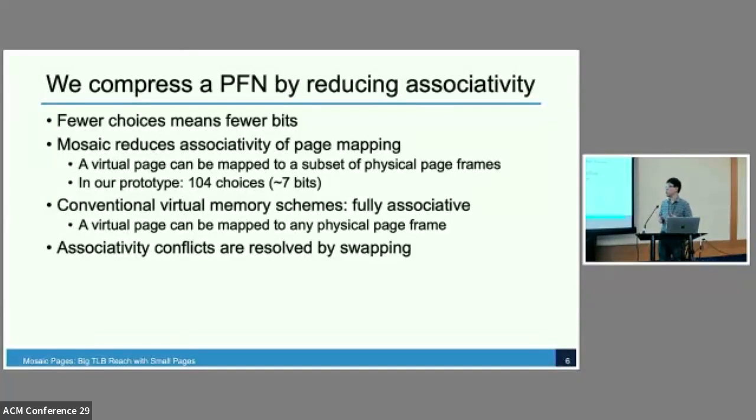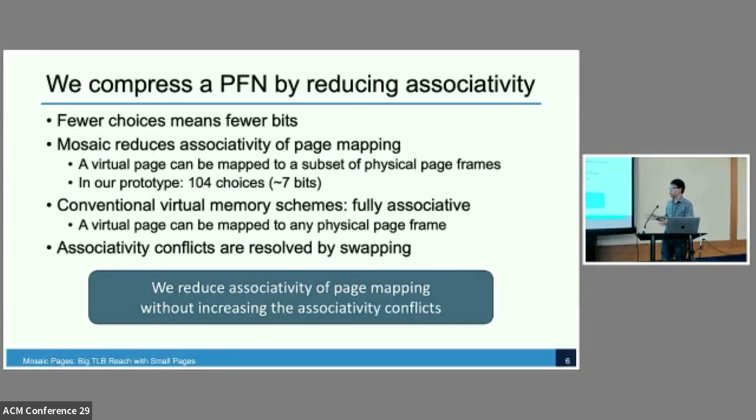In our prototype, we have 104 choices, which can be expressed in 7 bits. This is in contrast to conventional virtual memory schemes, which are fully associative. When all of these 104 choices of page frames are already in use, we resolve this associativity conflict by swapping.